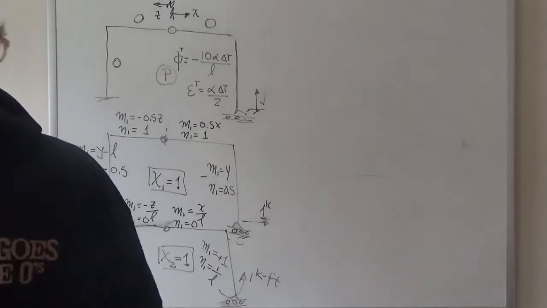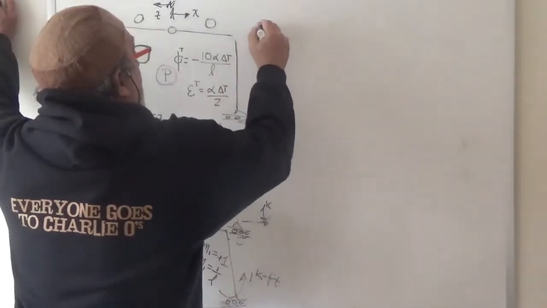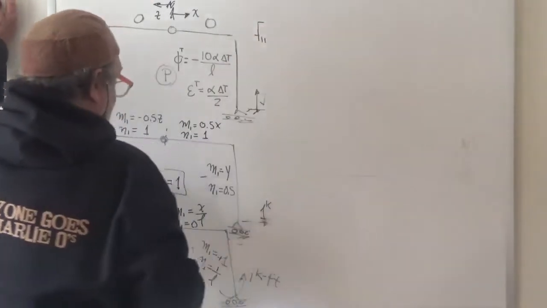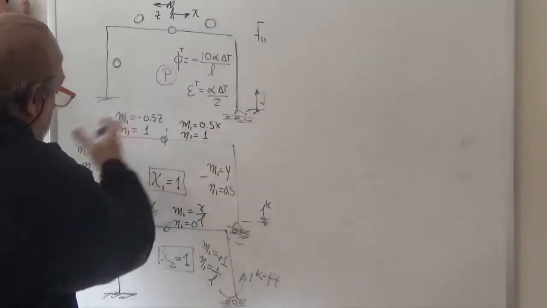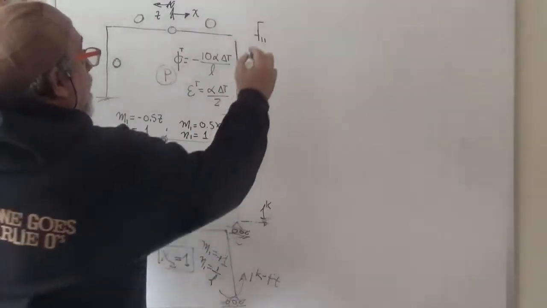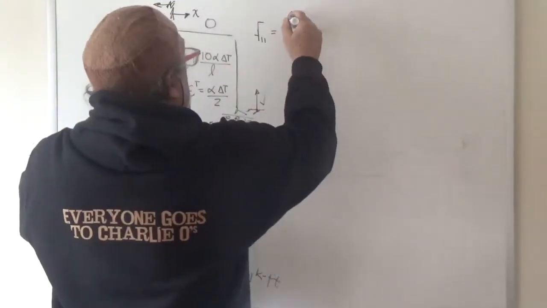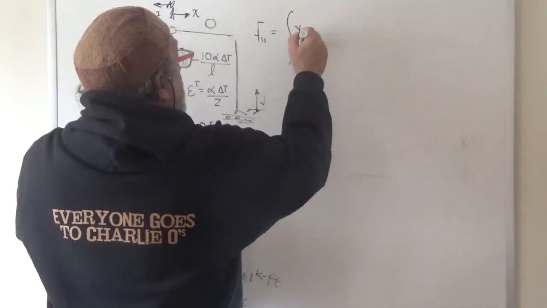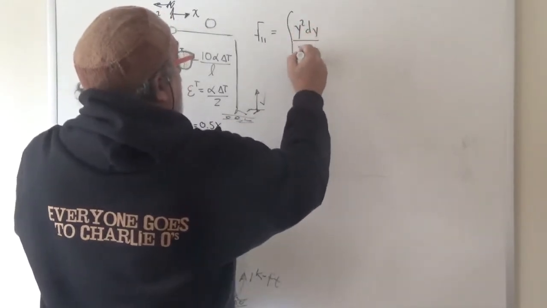Unfortunately, those are the easy ones to do, right? Because now we need F11, right? And F11 is sketch 1 times sketch 1, and you can see there's going to be a lot, right? So F11 is going to be the integral of y squared dy, divided by EI.